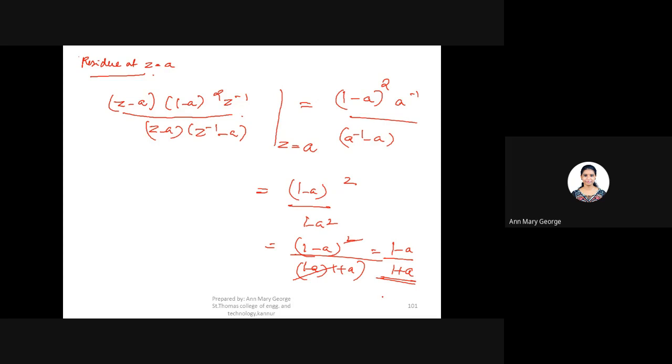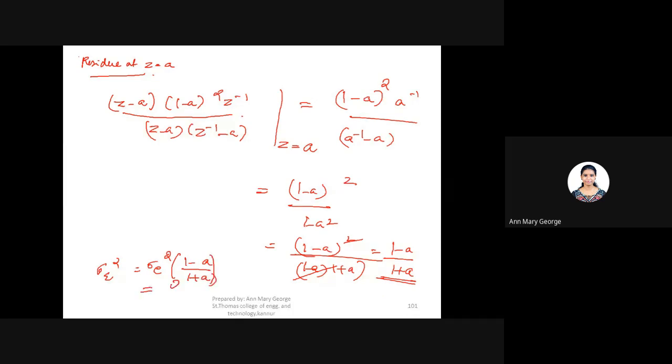So we have calculated the residue at z equal to a, and finally you can substitute into the expression for variance, that is 1 minus a by 1 plus a.